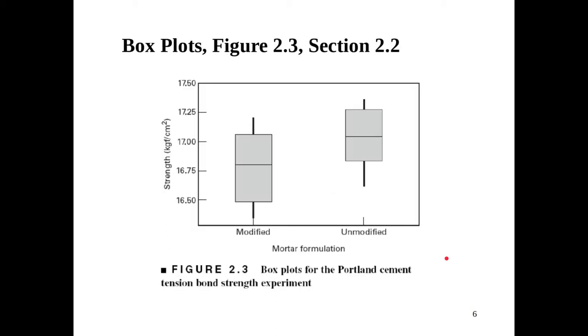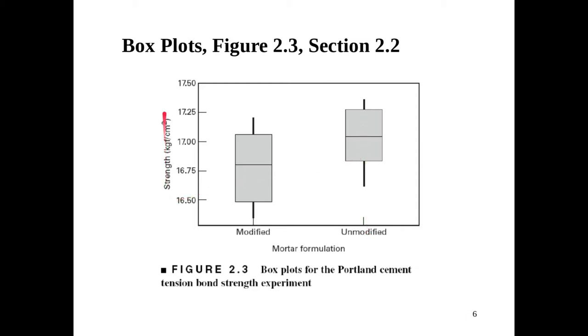Now, another chart that we can plot is the box plot, and here is the box plot for our problem: modified versus unmodified. In a box plot, you will see again there is a shift.